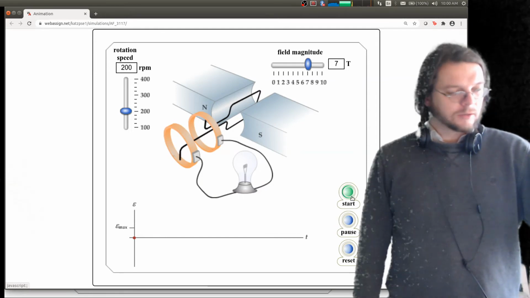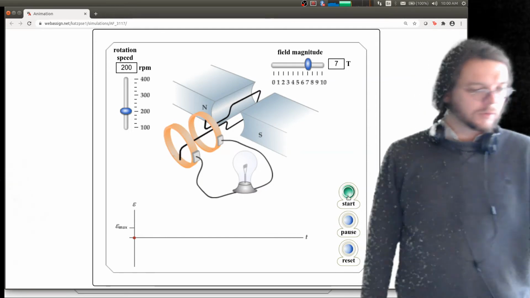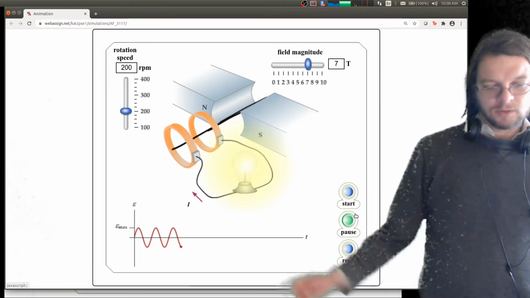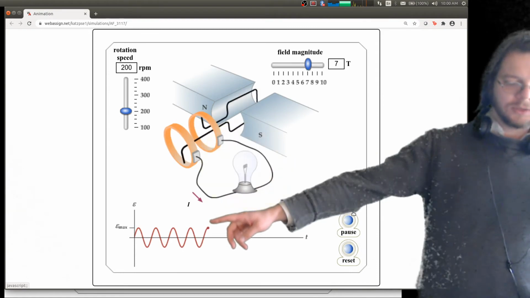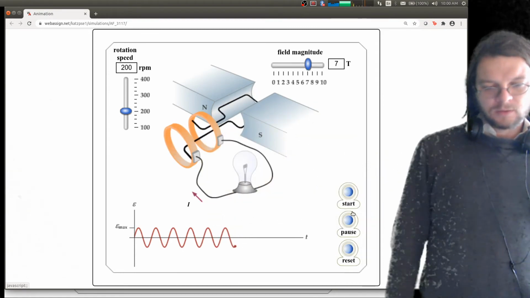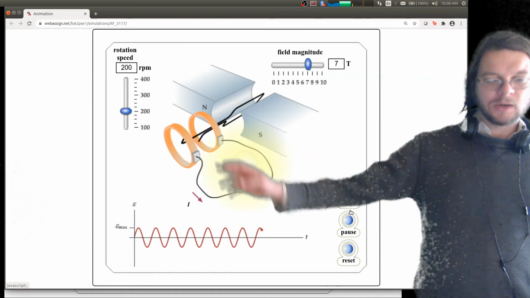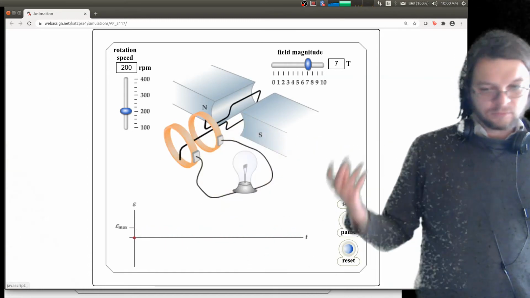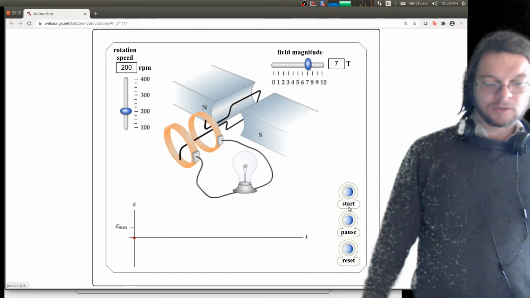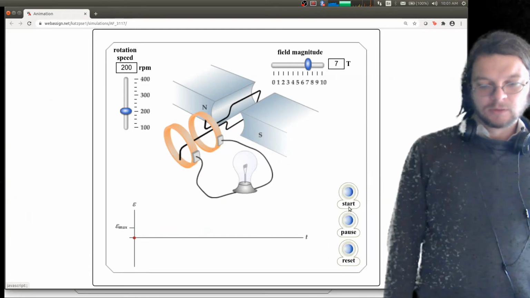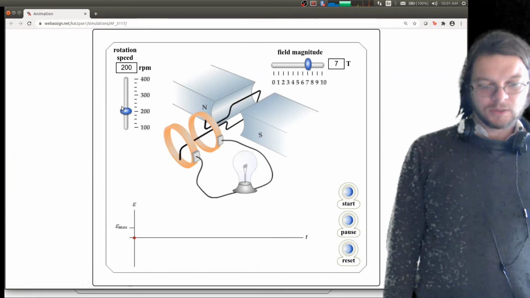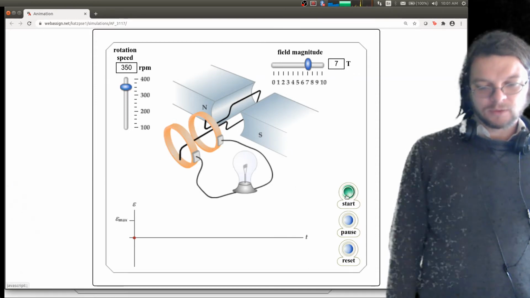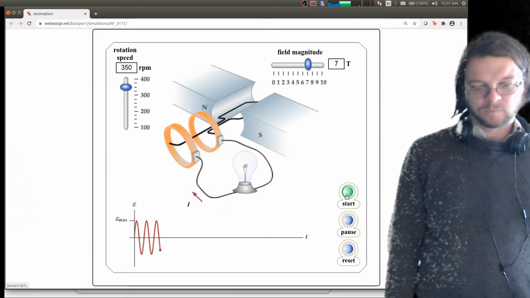You can see that as it rotates, there's moments where you get a large voltage, and there's other moments where the magnetic flux is not changing as much. So in any case, the generators in most power plants are doing something relative to this. And you can do things like increase the RPM and show that the voltage goes up. It's a nice little demo.